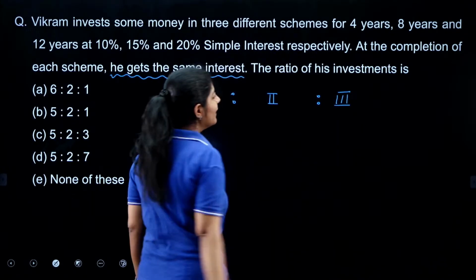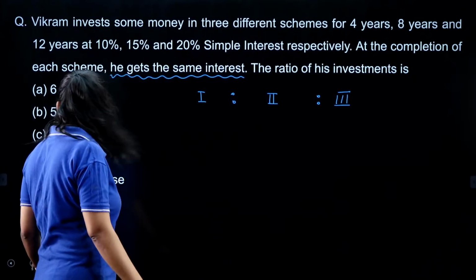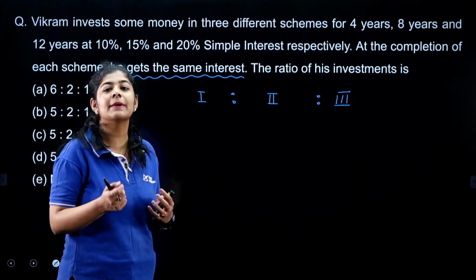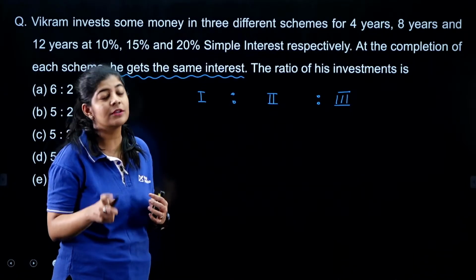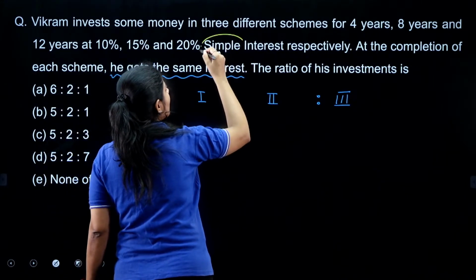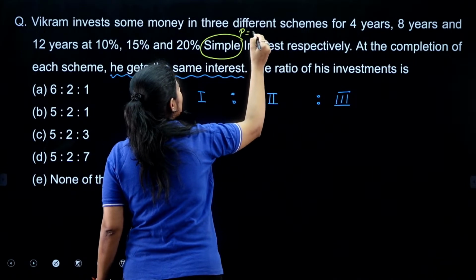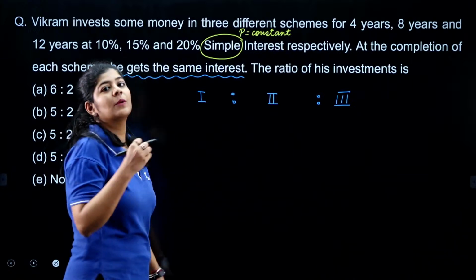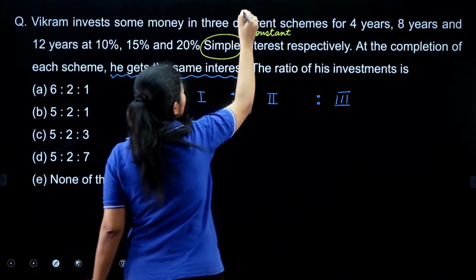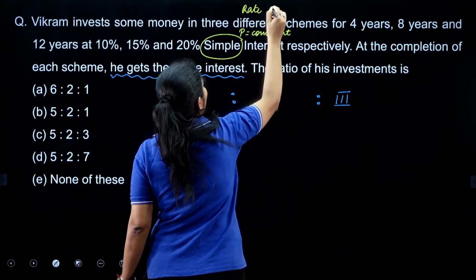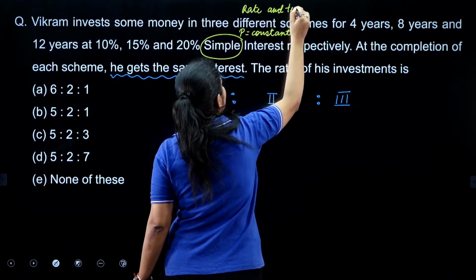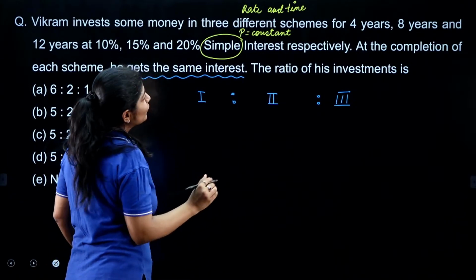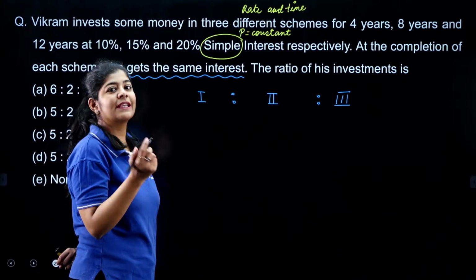Whenever we talk about simple interest, the amount which changes is completely dependent on the rate and the time period, because in simple interest the principal amount remains constant. So the changes between them are only because of the rate and time. We need to find the ratio, but in the question it is given that the interest we are getting is equal.